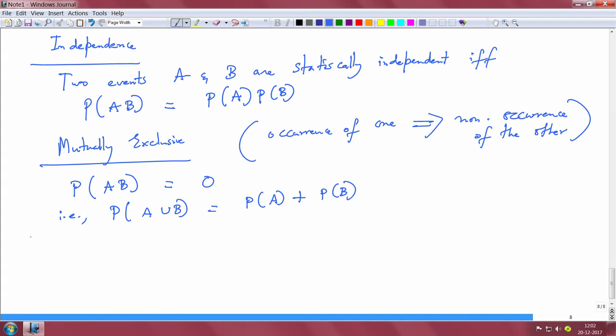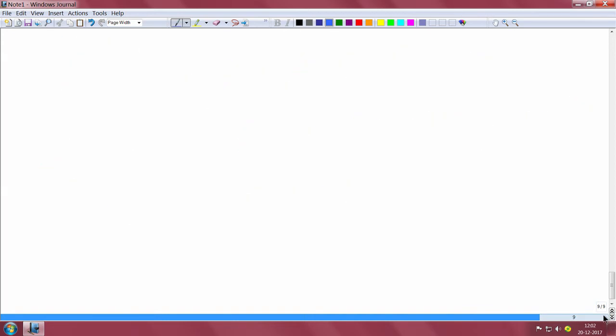And then we should also know the Bayes theorem.